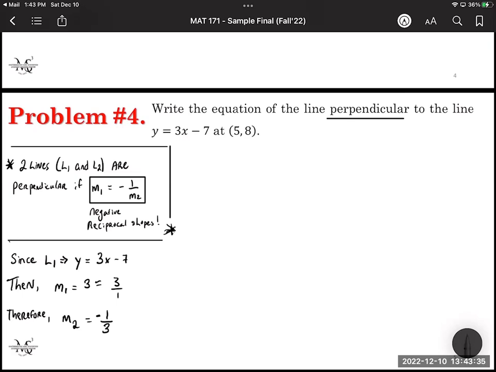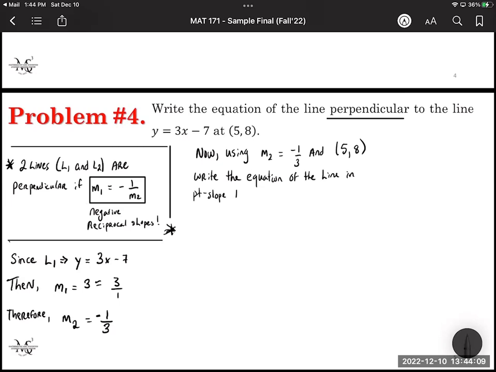So now that we know what M2 is, using M2 equal to negative 1/3 and the ordered pair that's given to us, (5, 8), you can write the equation of the line in point slope form, right? Does anybody know what point slope form is?